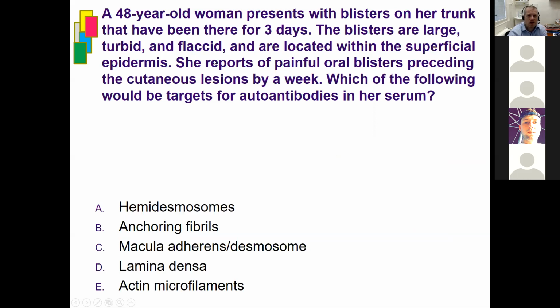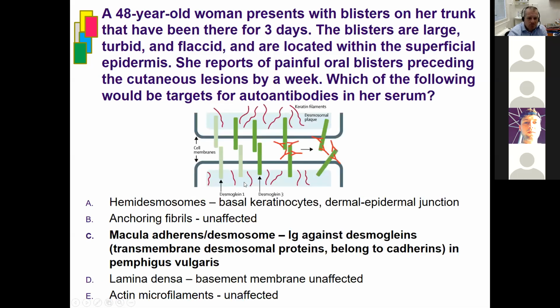Another question was about a woman who has blisters on the trunk. She had them even in the mouth cavity. The blisters appear inside the epidermis, and you know that it's caused by antibodies targeting some structures that you have a list of. Again, this condition really exists.